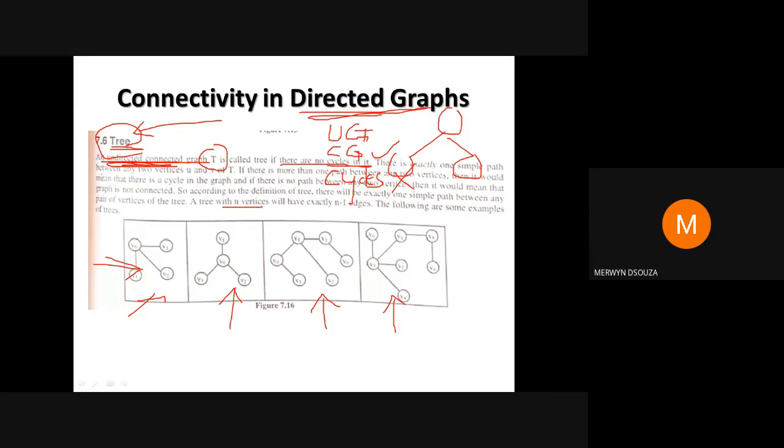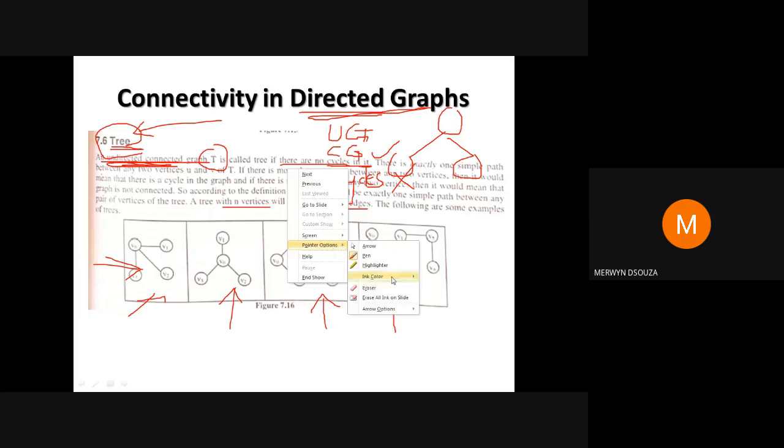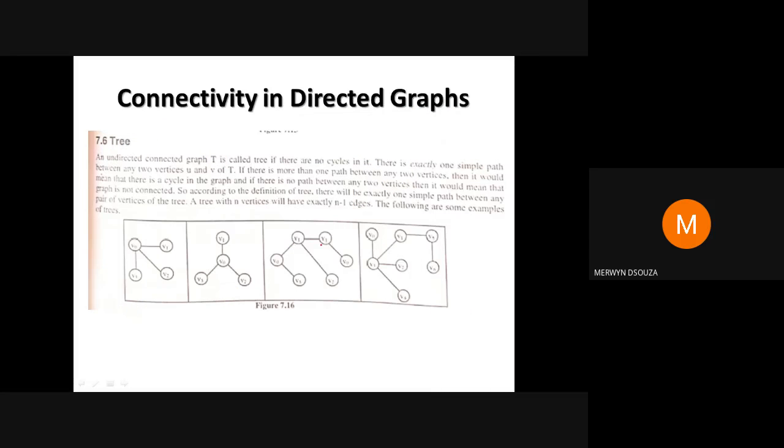So a tree with n vertices will have exactly n minus 1 edges. You can check, all these examples are trees in terms of the definition of a graph.